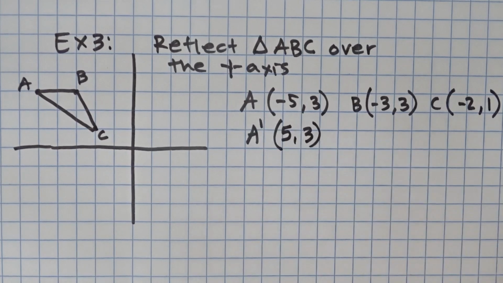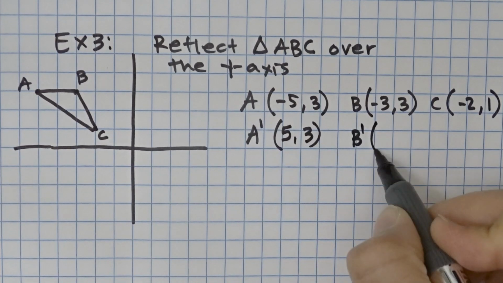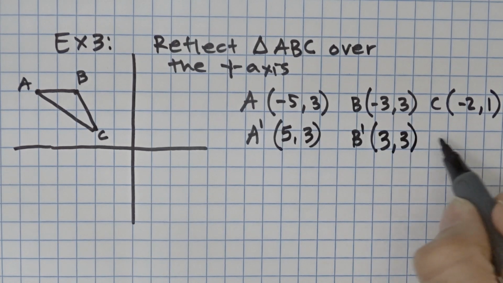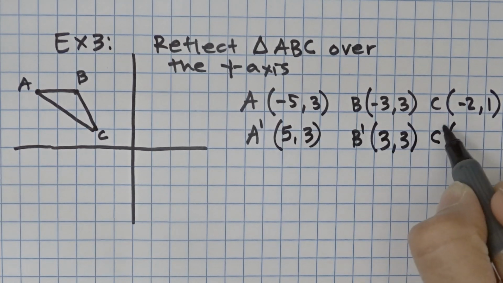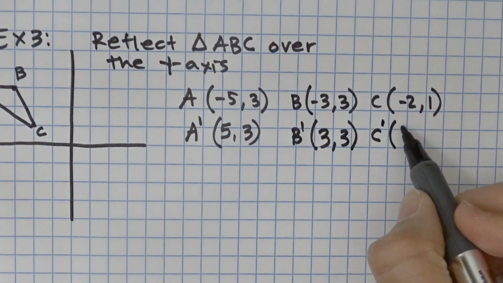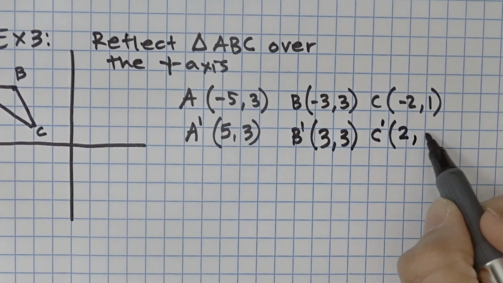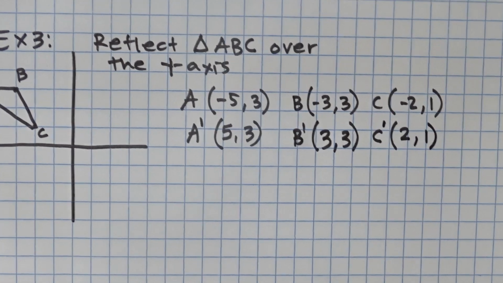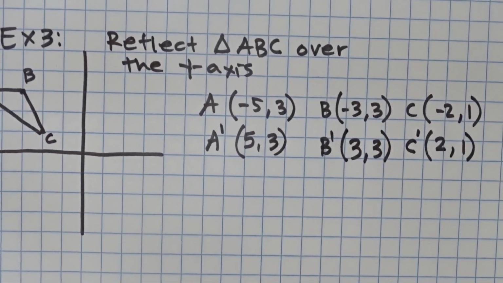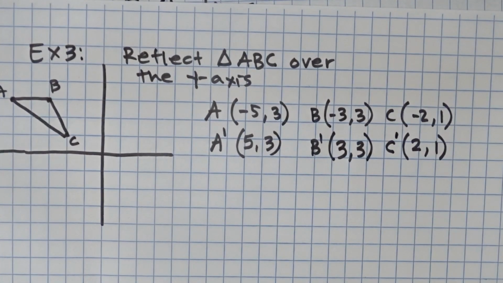That's my new A. My new B, again, only my x is going to be opposite. Keep the y the same. And my new C, only my x is going to be opposite, and I'm going to keep the y the same. And those are my new coordinates for my reflection.